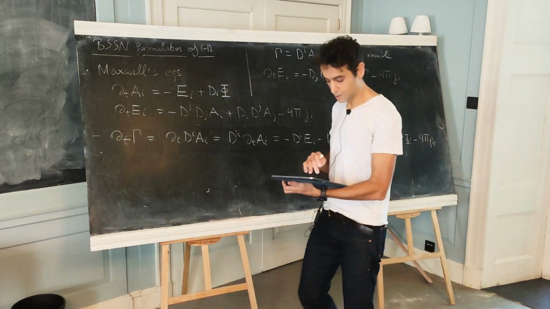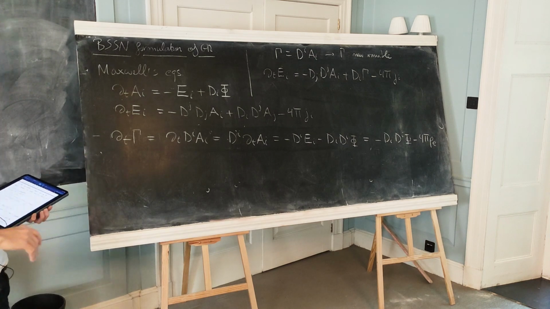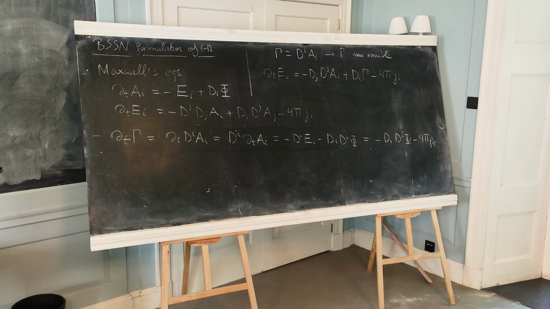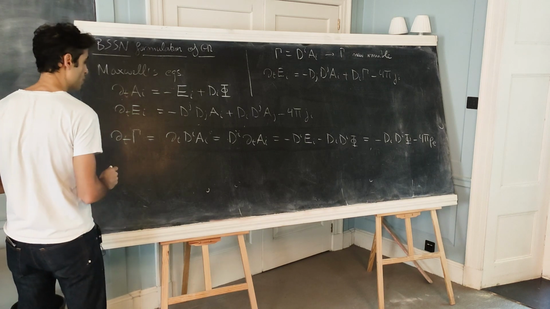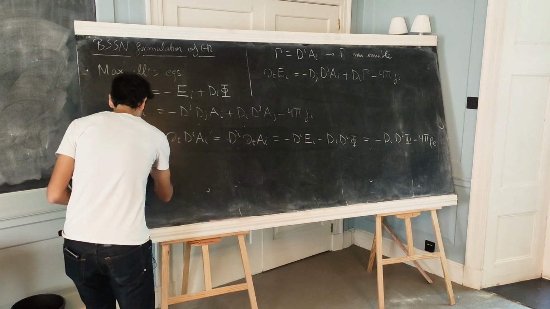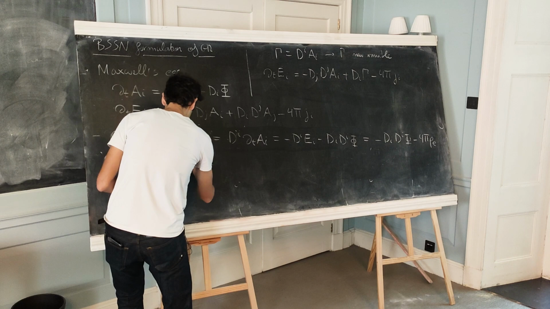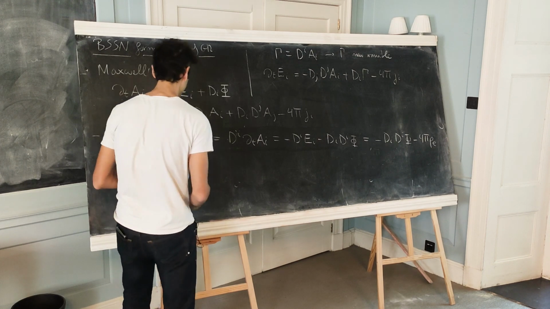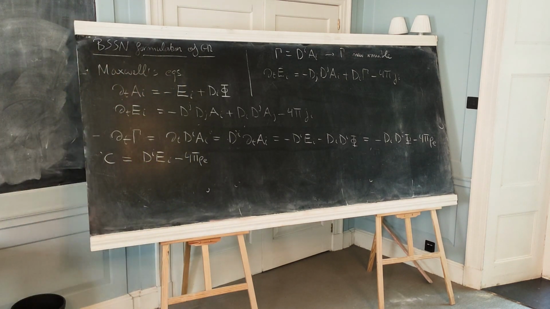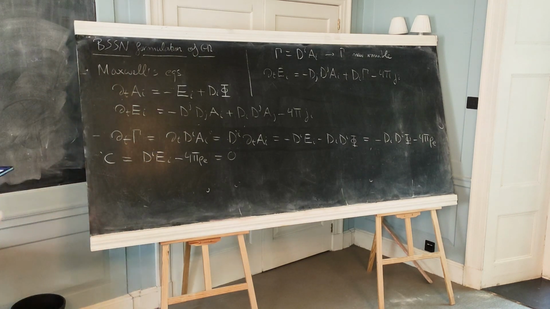So let's see the constraint propagation properties in this formulation and in the previous one. Okay, so we have a constraint here, which is that the divergence of the electric field has to be 0. We want this to be 0. So now let's see how this constraint propagates.